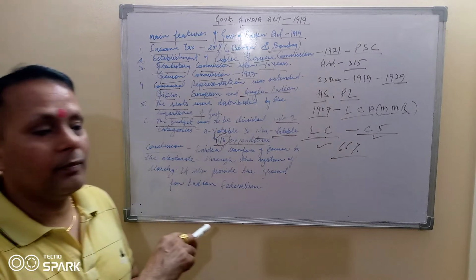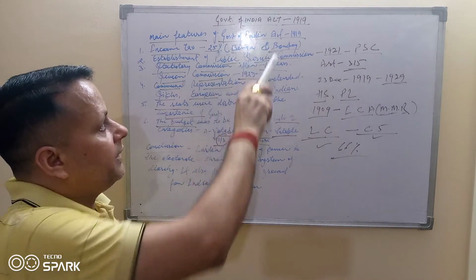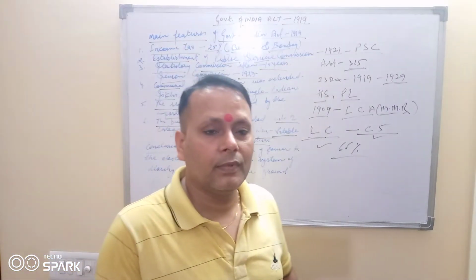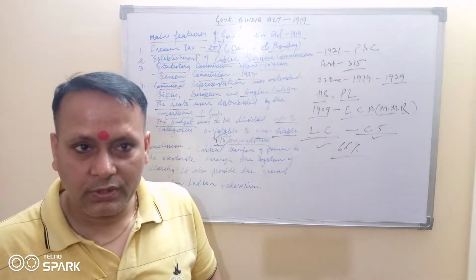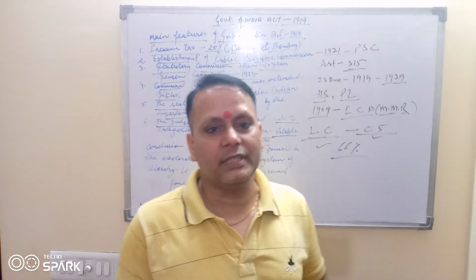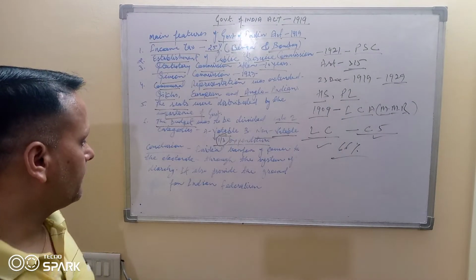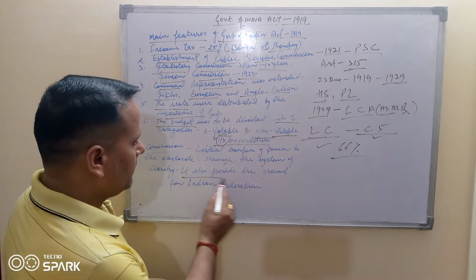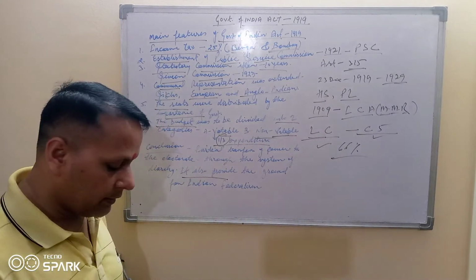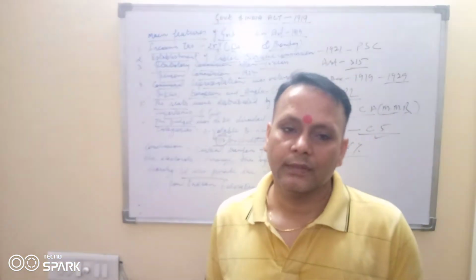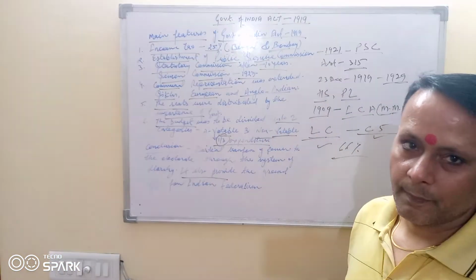So the first time, according to the Government of India Act 1919, the diarchy system was introduced in Indian administration for the states. And the second thing is, it also provides the ground for Indian federalism.